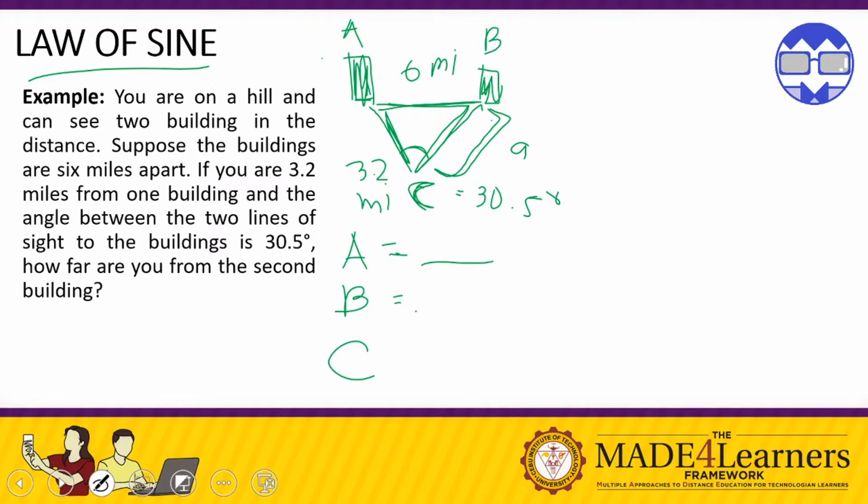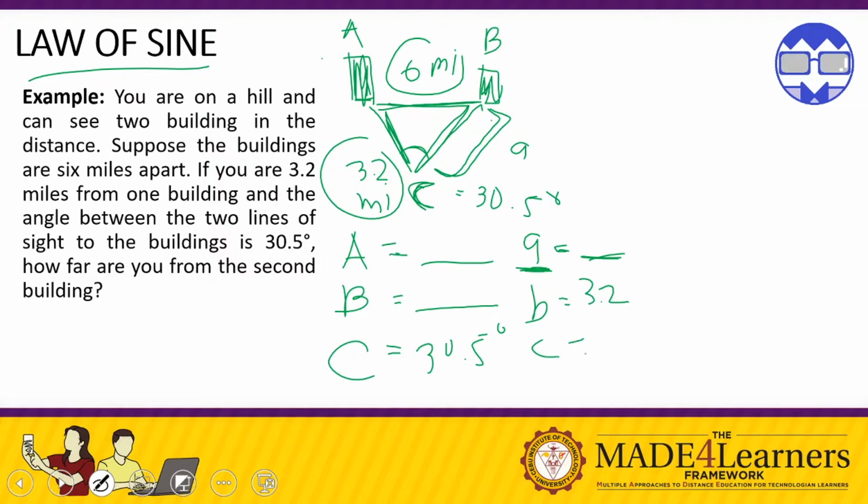For B, it's also unknown. For C, it's 30.5 degrees. For small letter a, we have unknown, so we're actually looking for a. Then we have b, which is 3.2. And our c is actually 6 miles here.